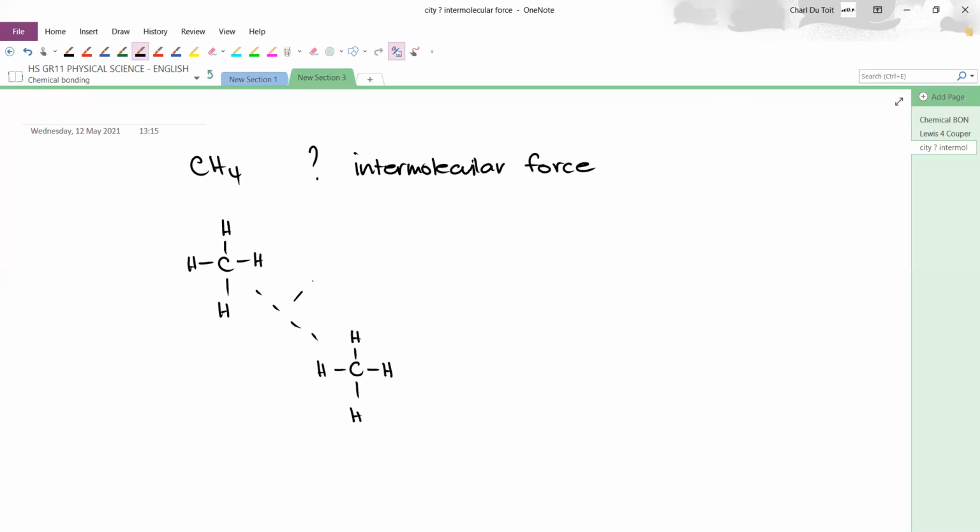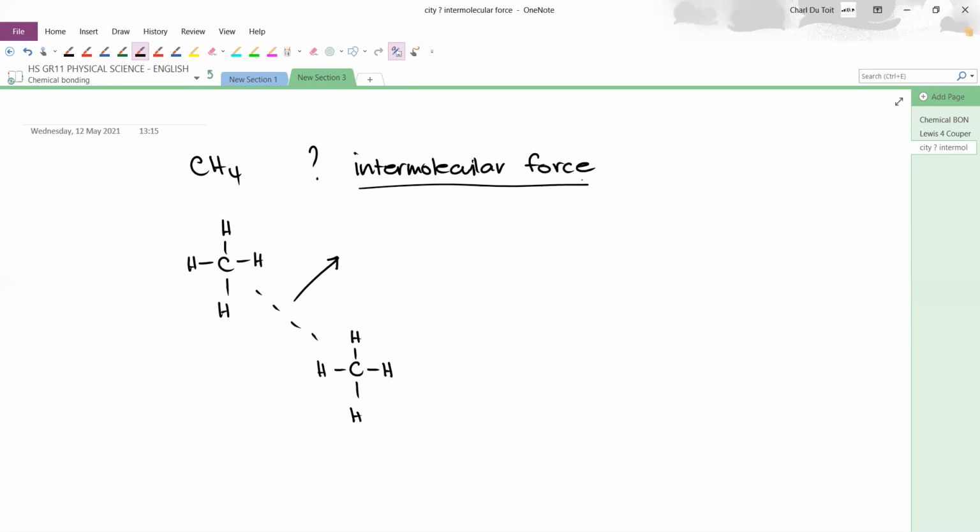Which intermolecular force is between the two methane molecules? Remember, there's hydrogen bonding, there's dipole-dipole, there's dipole-induced dipole, and there's also London forces.